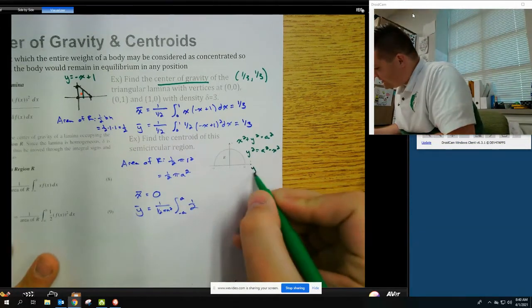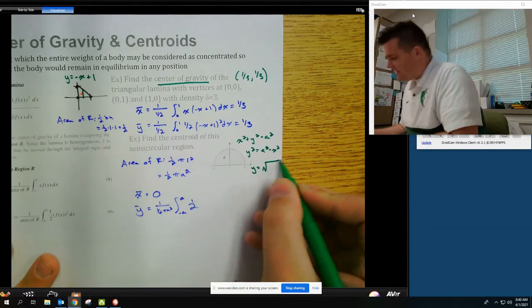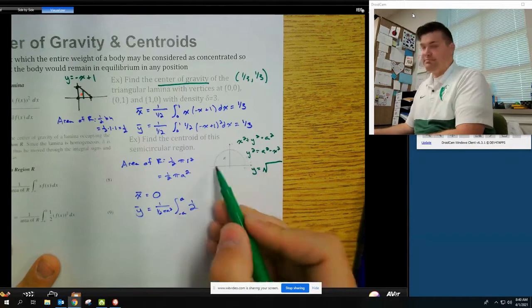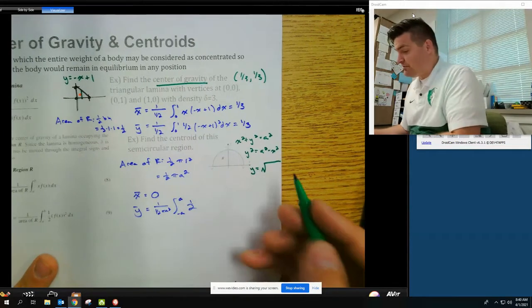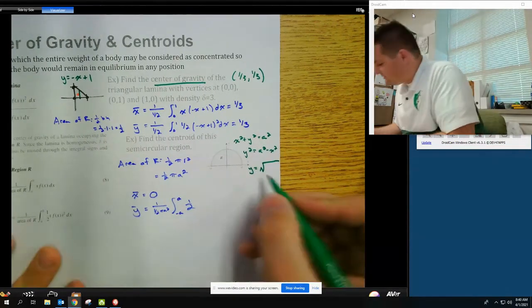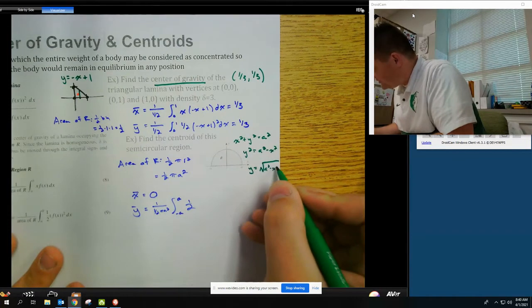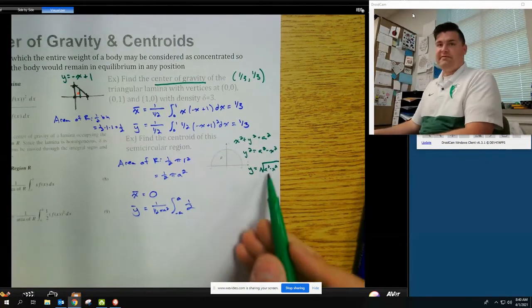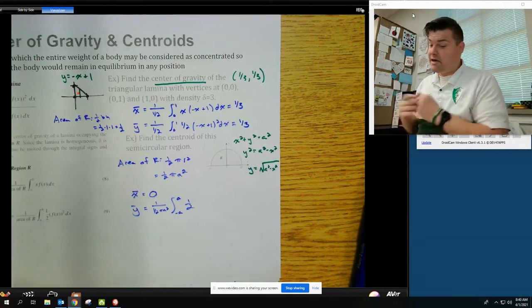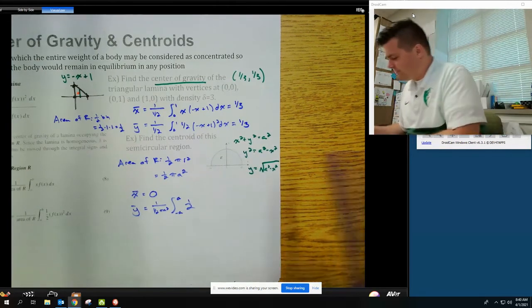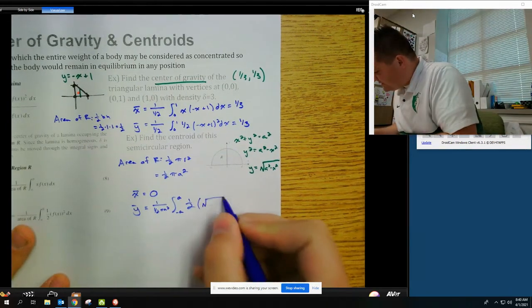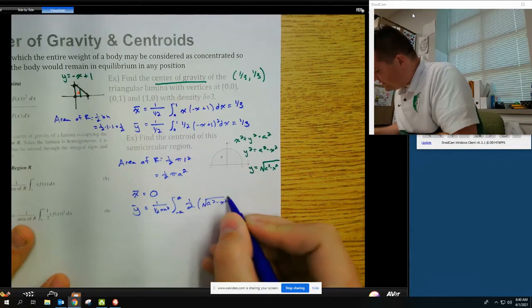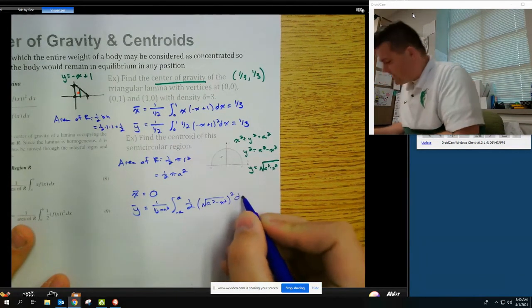Now, usually I do plus and minus, plus is top, minus is bottom, but it's a semicircle, so I don't do the plus and minus because I just care about the plus. It's going to be the square root of a squared minus x squared. So that's my function, not plus and minus because it's not a whole circle. So I'm going to get this square root of a squared minus x squared, squared, dx.